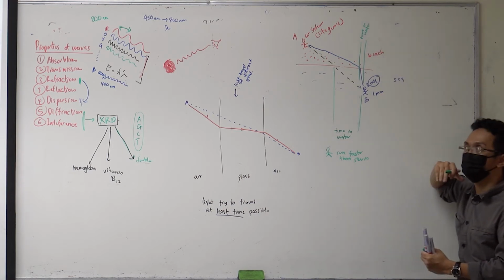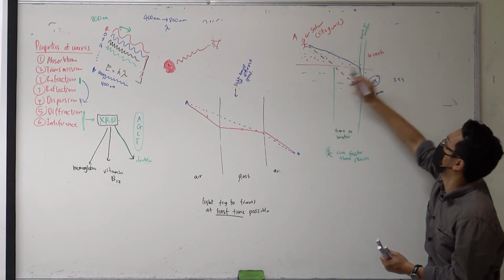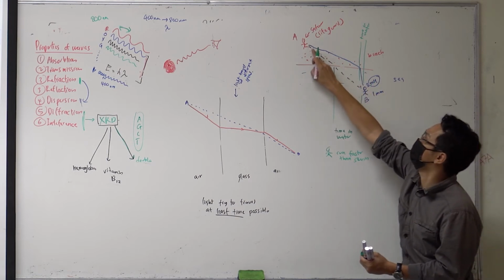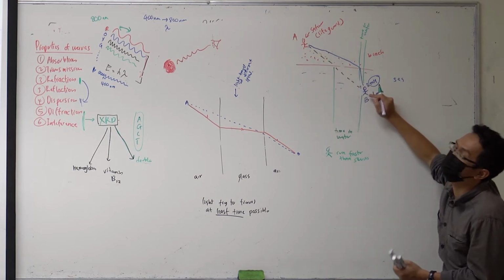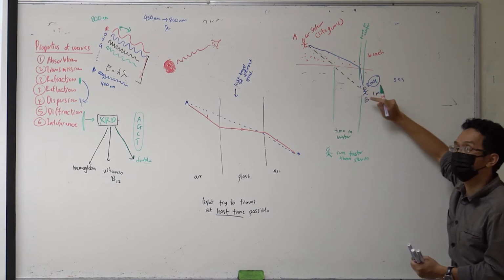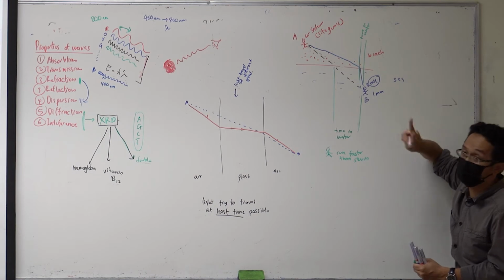By efficiency, this blue path is more efficient than this black dashed path here. Even though this dashed path is the shortest one, the shortest doesn't necessarily mean the fastest. Understand? The shortest does not necessarily mean the fastest in this case, because you are traveling through two different media.